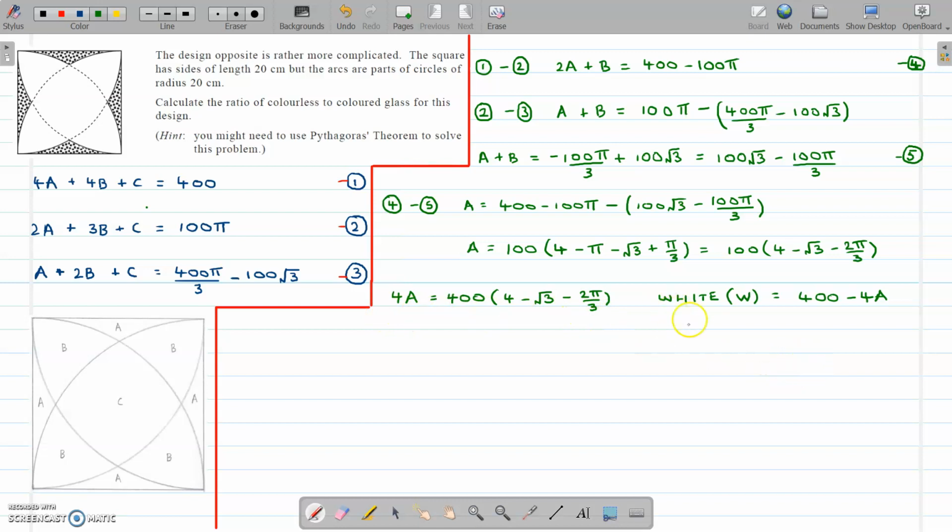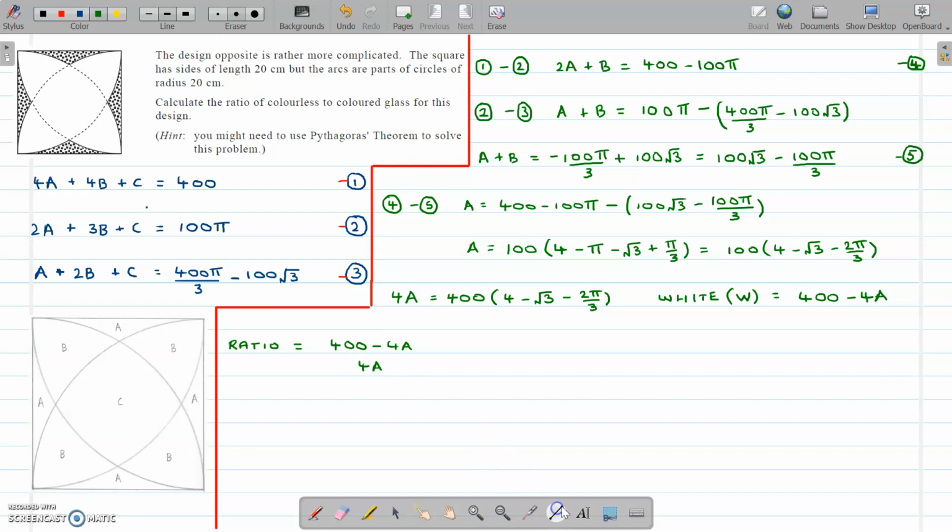That's the area of the square minus the area of the shaded bits. Okay, so the ratio that we want is this. The ratio that we need is the white area over the shaded area. Okay, and that's going to be 400 minus 4A over 4A.